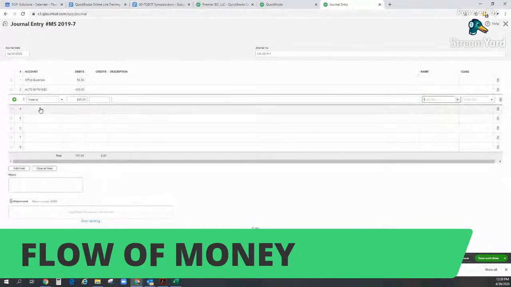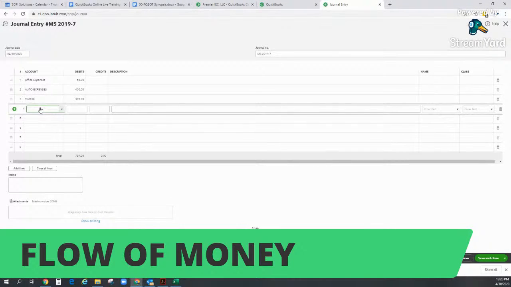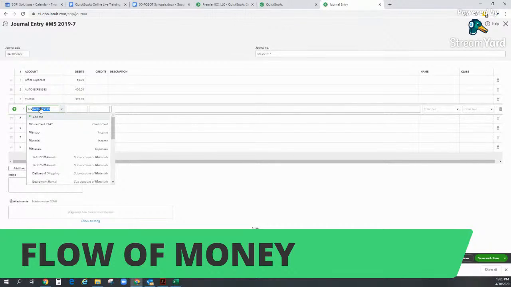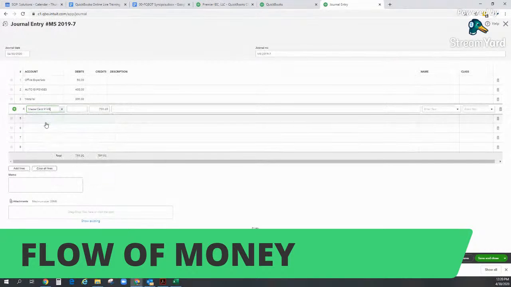Okay. So here, all of these expenses, they didn't come through the bank for whatever reason. I need to post this to my credit card account. I already have a credit card account for my MasterCard. I'm debiting the expense, and then I'm going to credit my MasterCard. These two numbers in a journal transaction have to equal.